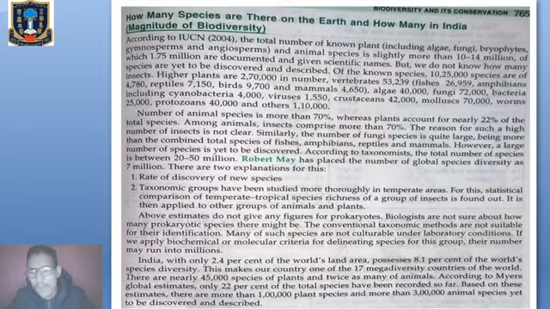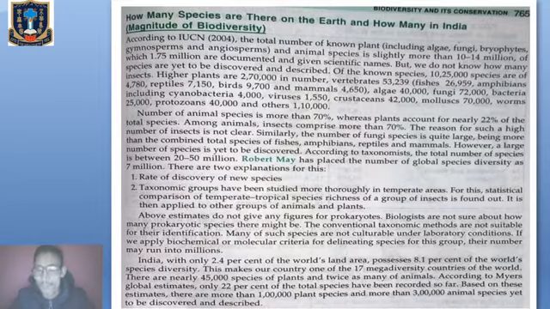But out of 10 to 14 million, only 1.75 million have been documented and assigned a scientific name, because most of the species are yet to be discovered and described. That's why nowadays we are mainly discovering new types of species.